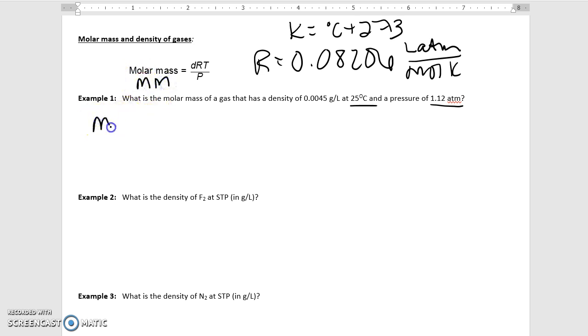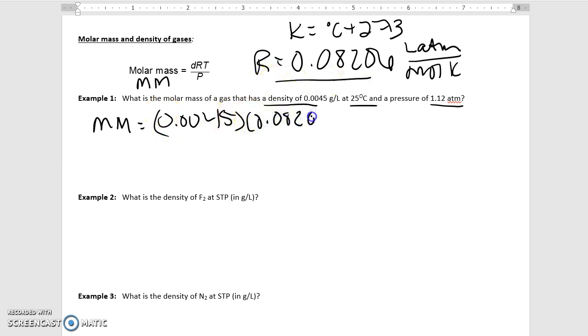So for this problem, the molar mass is equal to the density, so I'm going to plug in that number, times R, which is this number up here, times temperature. Now the temperature needs to be in Kelvin, so I'm going to take 25 plus 273, divided by the pressure, which in the problem is 1.12.